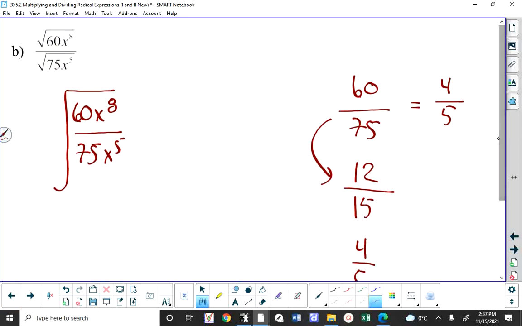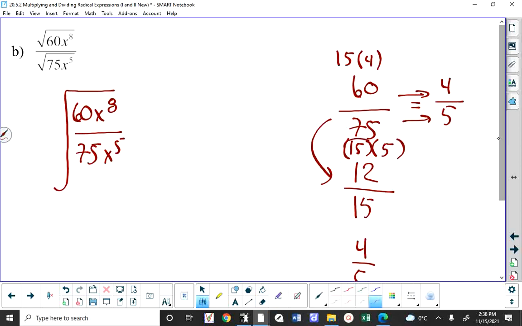And by the way, again, I'm going to mention it for the second time just today. You only ever cancel something that's a common factor. So the reason why Seamus was able to do this was because 60 is 15 times 4, 75 is 15 times 5.